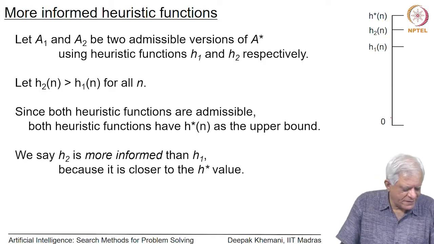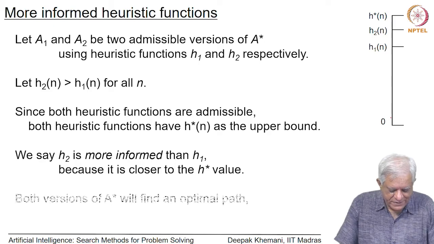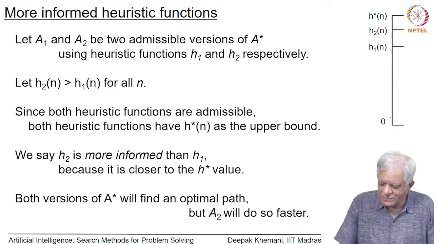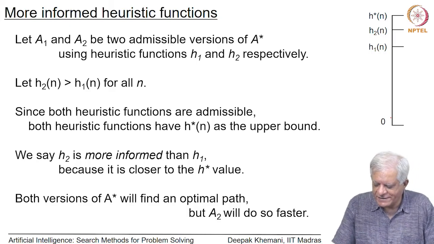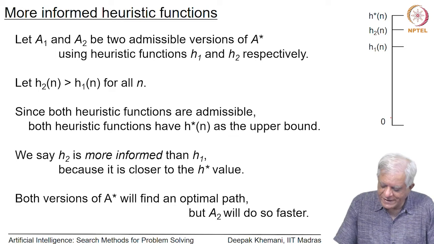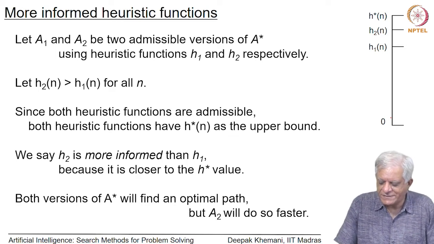Of course, both have to be less than the H star values essentially. So, both versions will find an optimal path to the goal, because they are underestimating functions, but we will want to show that A 2 will do so faster, which means A 2 will search less of the space as possible.